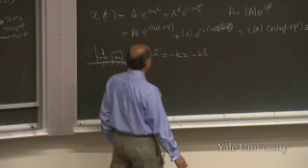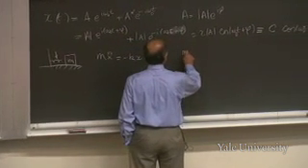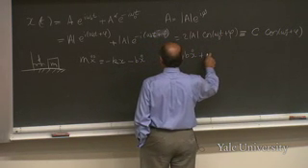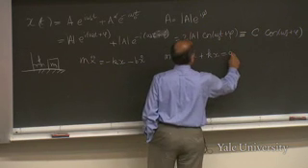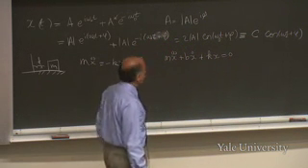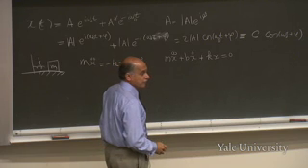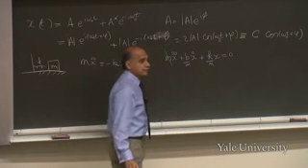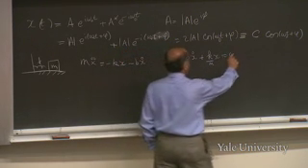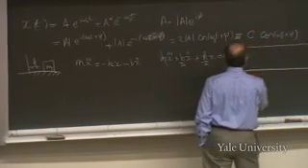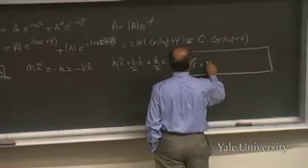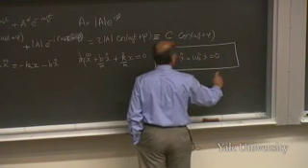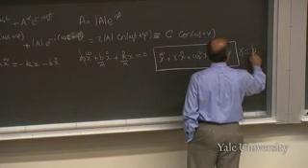So the equation you want to solve when you have friction is really m x double dot plus b x dot plus kx equals 0. I'm going to divide everything by m. Then I'm going to rewrite the equation we want to solve with friction: x double dot plus gamma x dot plus omega 0 squared x equals 0, where gamma is just b over m.